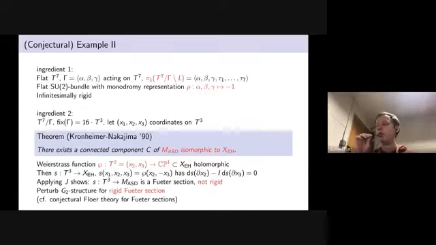It's the following. In favorable situations, so if you have a Fueta section into a flat manifold, then you actually know that solutions to the Fueta equation are extremal points of a function on the space of all maps. And then if you wiggle this function a little bit, then well, right now we have a whole T2 of extremal points, and after wiggling you would expect that you have some isolated extremal points.